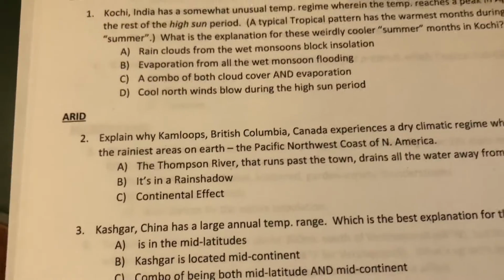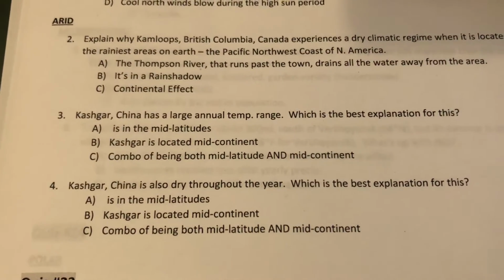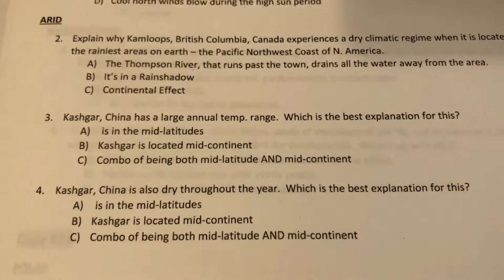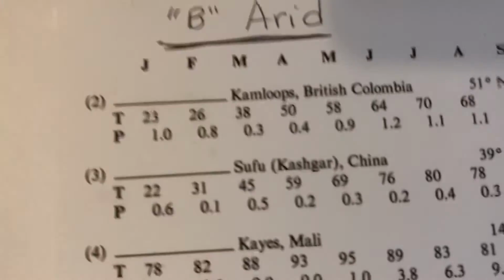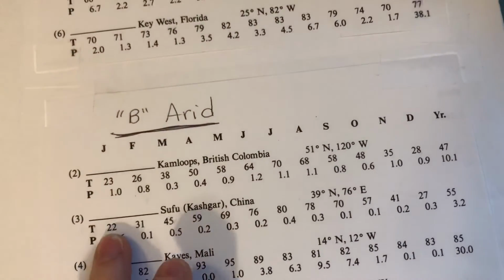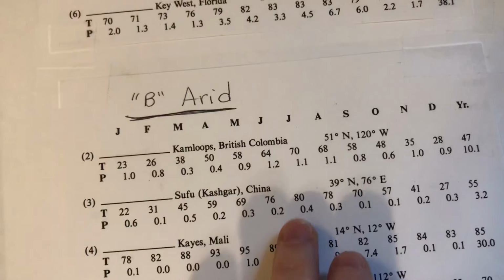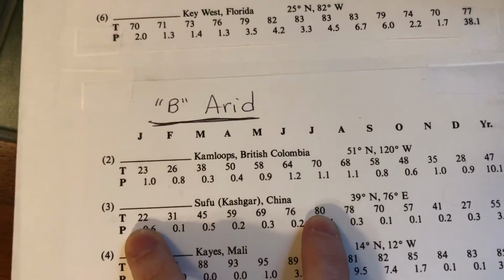All right. Now, number 3, talking about the Kashgar area in China. The question tells you it's got a very large temperature range, which you can see by looking at the data here. All right, so we've got 22 all the way up to 80. So that's a big temperature range on a yearly basis.